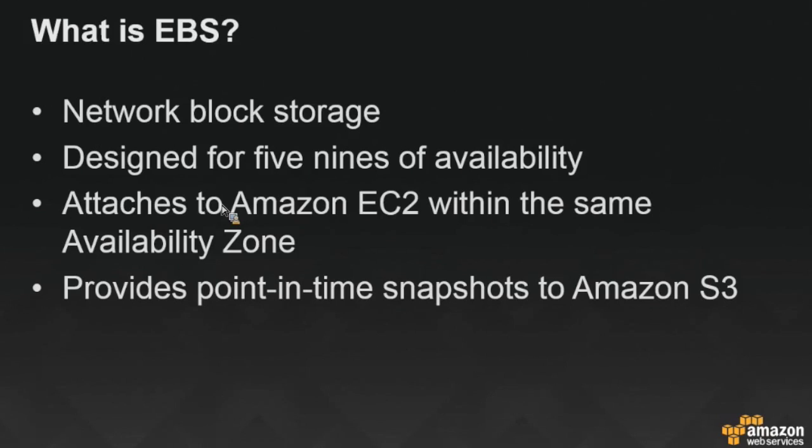You can attach an EBS volume within the same availability zone as your EC2 instance. We also provide point-in-time snapshots to Amazon S3. So EBS leverages the durability of S3, which has 11 nines of durability, to make snapshots or copies of your data that you can then use to restore EBS volumes if there was a problem, or to create EBS volumes in other availability zones or even in other regions.